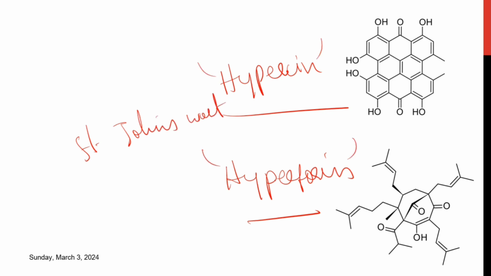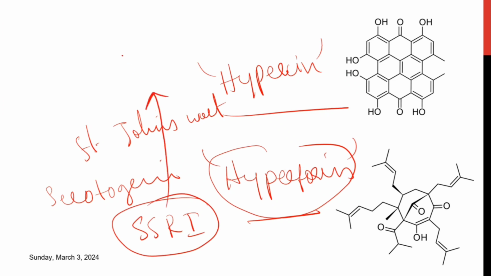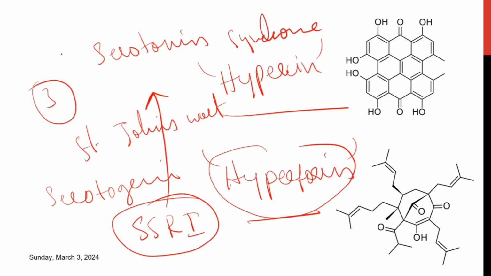Both these molecules are under further study. Hypericin has some pharmacodynamic actions, like serotonergic properties, and with that, when St. John's wort is given along with SSRIs, it may cause serotonin syndrome. So this is the third drug interaction with St. John's wort and SSRIs. When serotonin syndrome is induced, it becomes an emergency condition where the patient will develop blood pressure hypertension rapidly, and it is a dangerous condition.